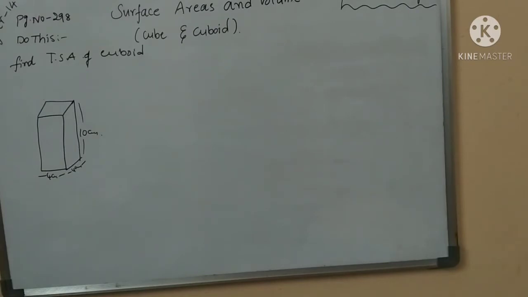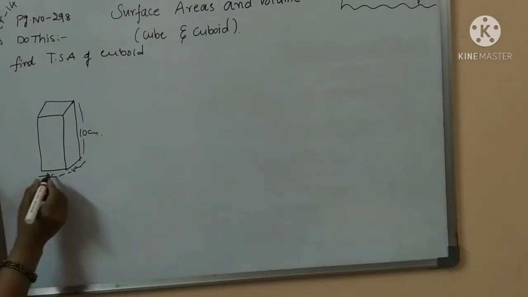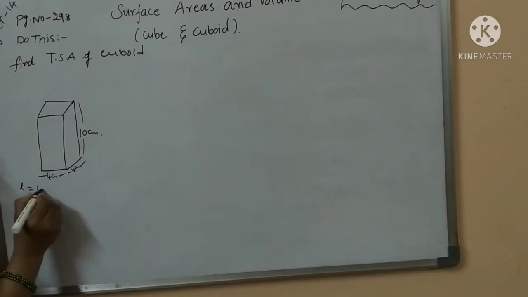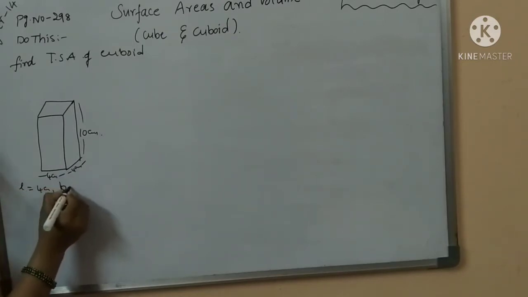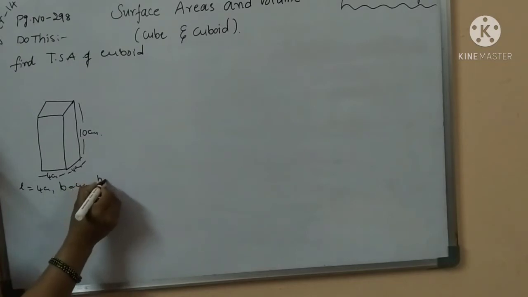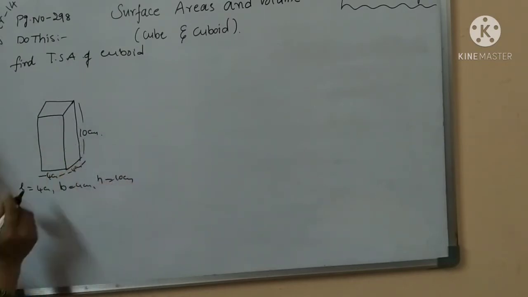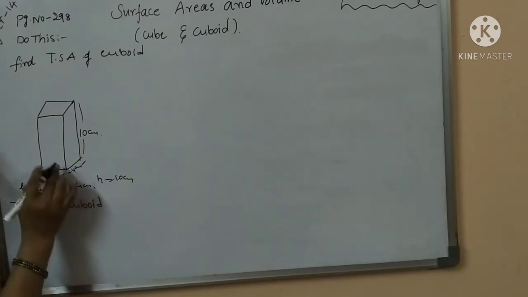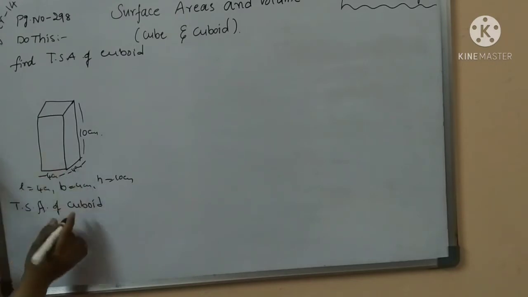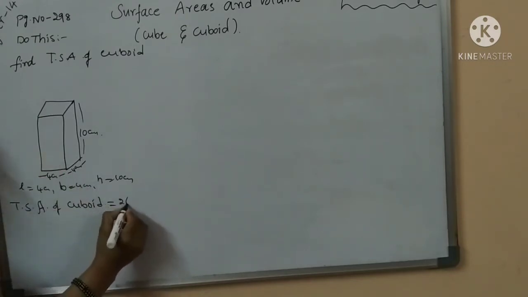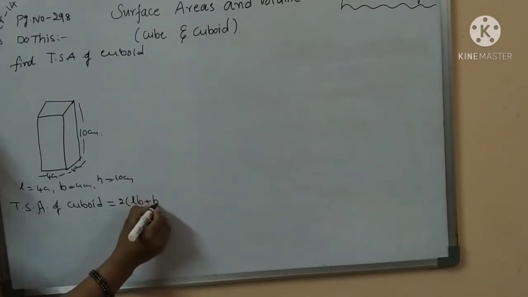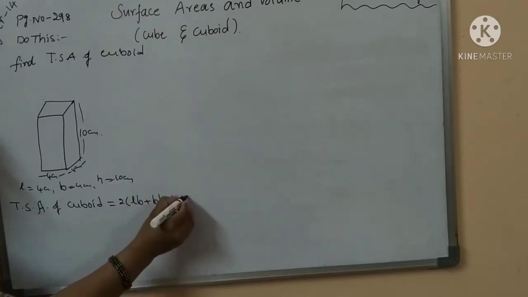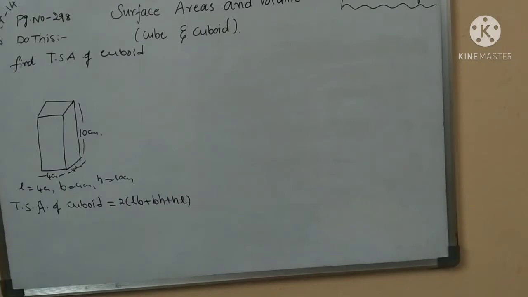Already given: length L equals 4 centimeters, breadth equals 4 centimeters, and height equals 10 centimeters. The question asks for the total surface area of the cuboid. So total surface area of cuboid equals 2 into (LB plus BH plus HL).